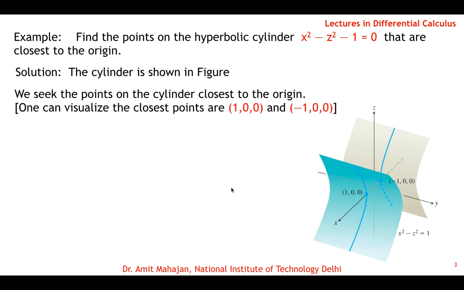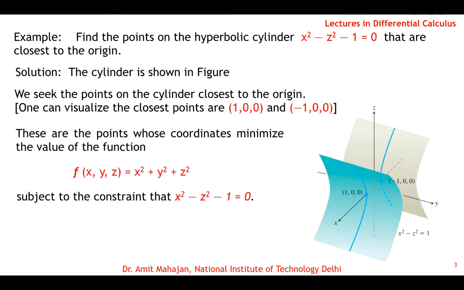We have to minimize the distance, and if the distance is minimum, then the square of the distance will also be minimum. So a simple function, x square plus y square plus z square, is the distance square that we are going to minimize, subject to the constraint that the point (x, y, z) is on the hyperbolic cylinder.